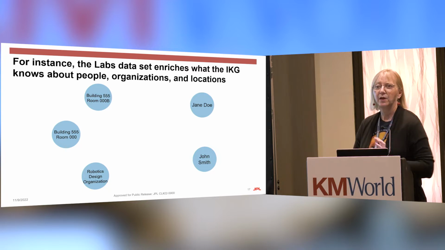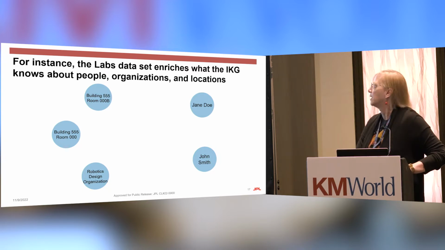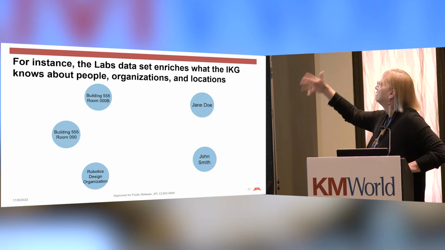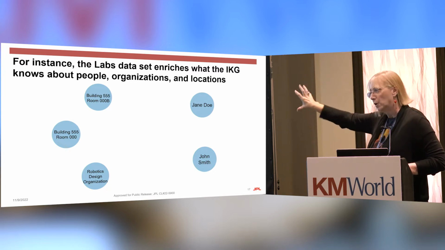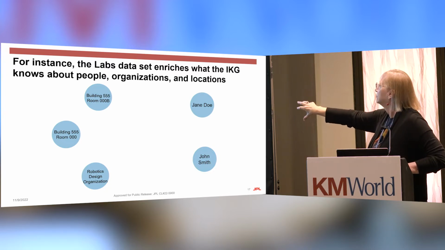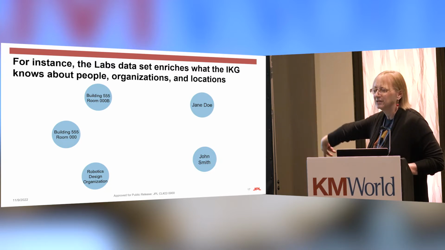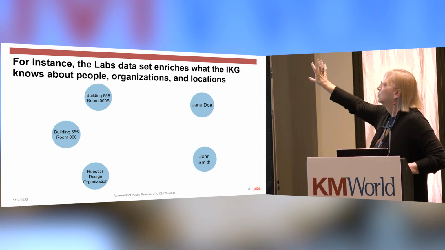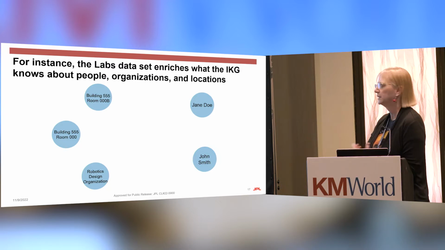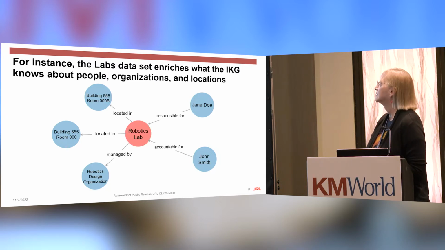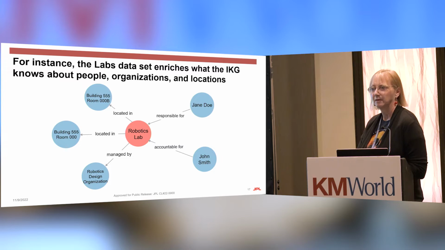So here's an example of what the IKG knows about people and buildings and rooms and organizations. So we know about those things. We might know what organization John Smith belongs to, for instance, and we know a lot of attributes about him. But what we can gain by pulling from these other data sets is the Robotics Lab now.